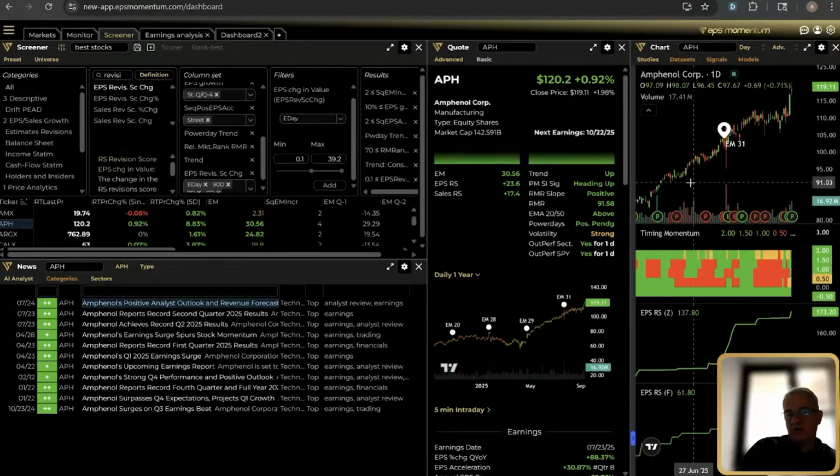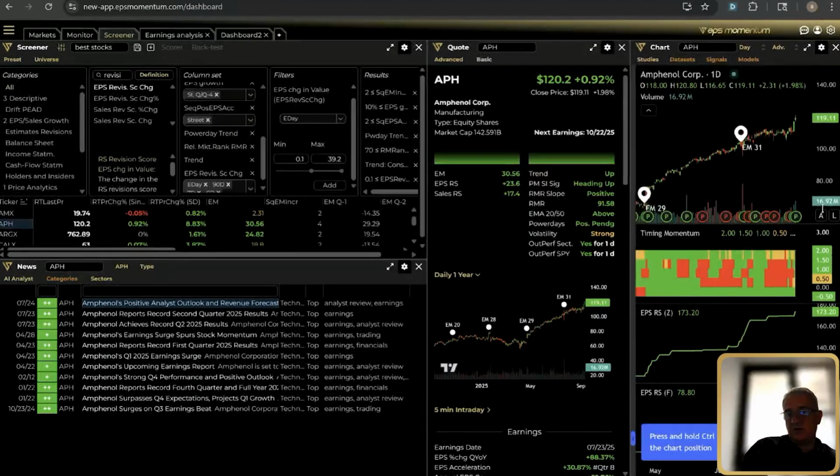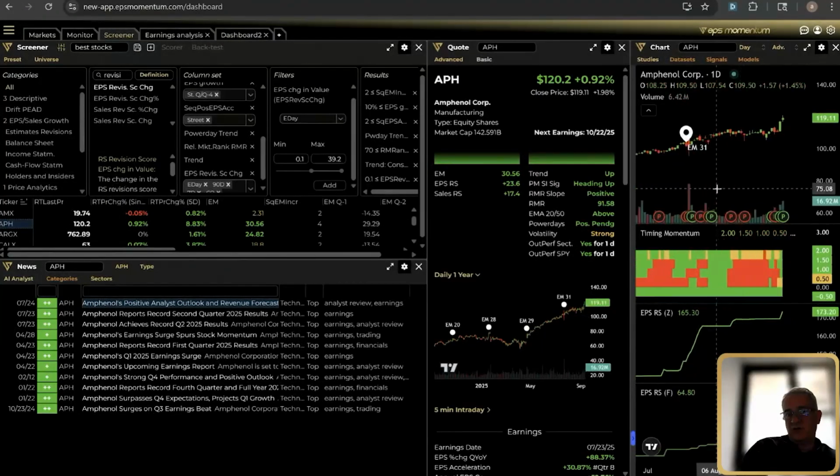Because guess what happened after that, right? So that was the 24th of July, kind of about here. It was just after earnings. So it was on that day, and it was $100. Now it's $119. So it's important to follow what analysts are saying for the name. Really key.